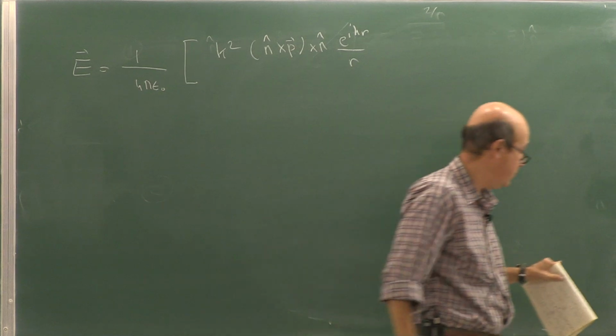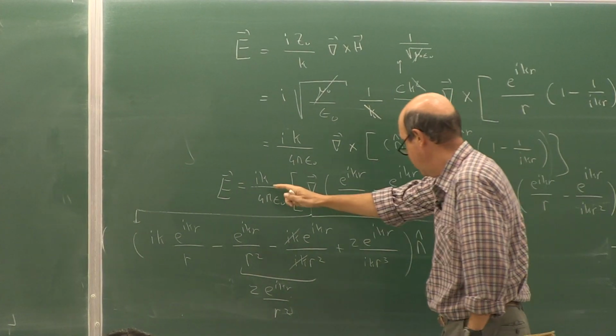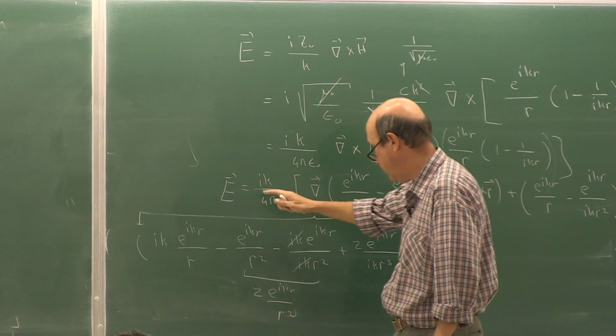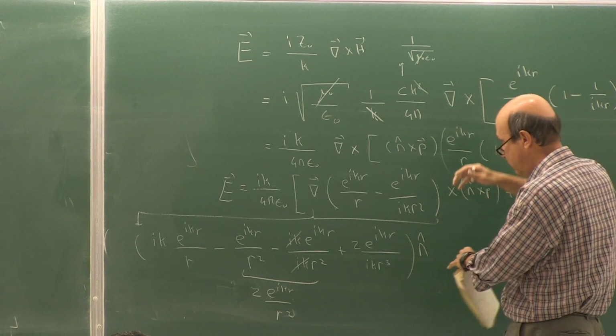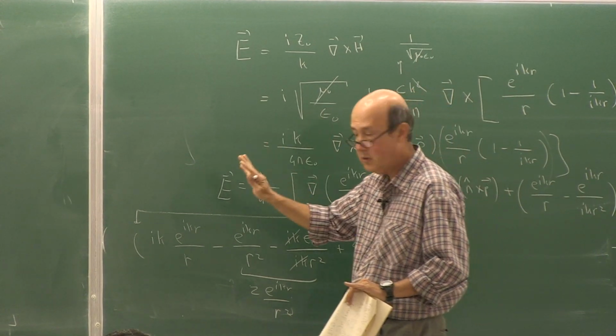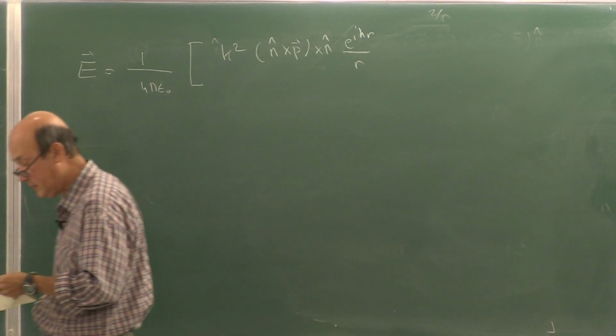This is only the first term. I am studying only the first term. Where is the first term? ik minus k squared n cross p. I switched the order, I wrote that. Okay. So this is the spherical wave term for the electric field.